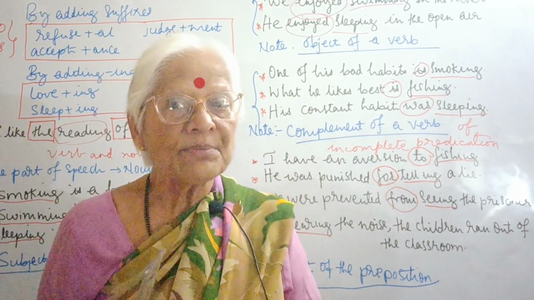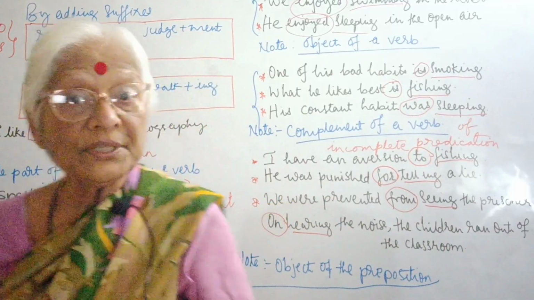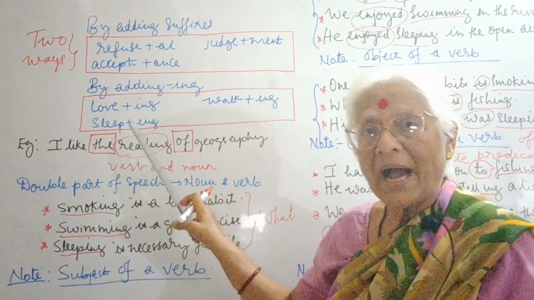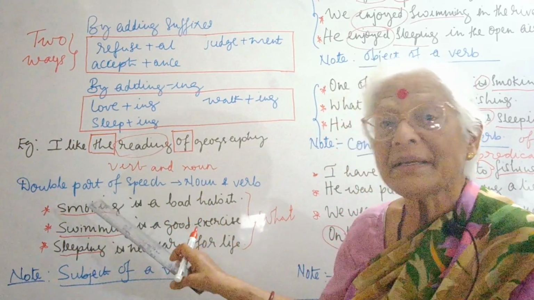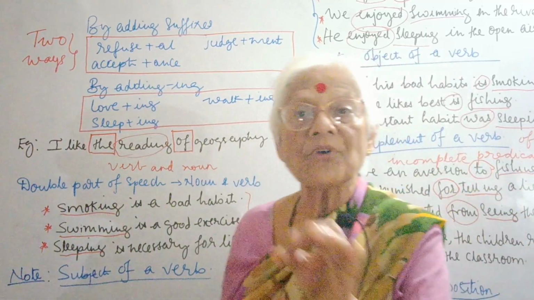Remember all these examples of verbs used as nouns. We began with how we can use suffixes, -ing, and these are verbal nouns. Then we learned how they can be used as subject of a verb.